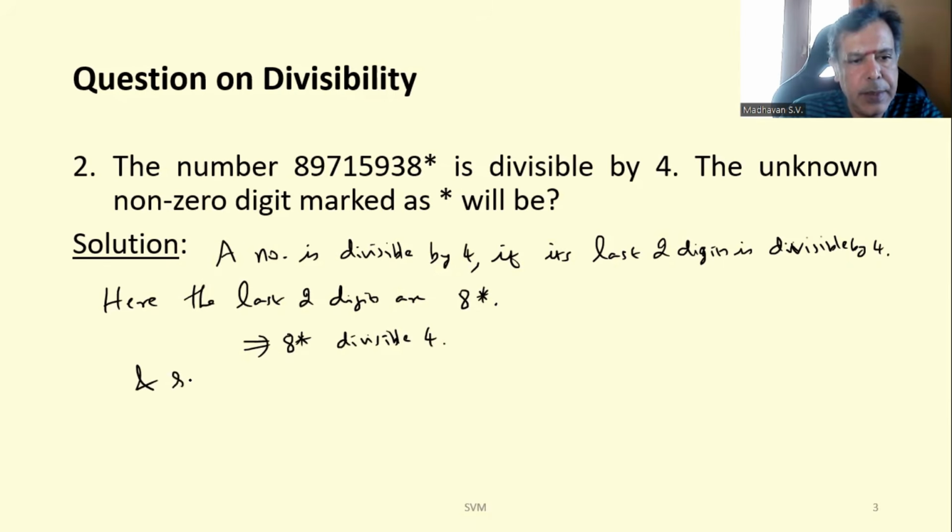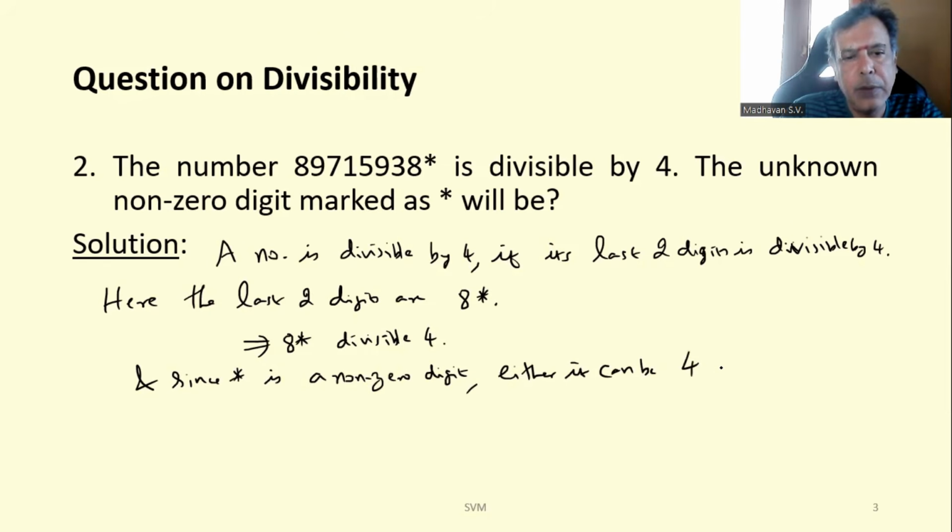And since the star is a non-zero digit, either it can be 4, meaning 84, which will be divisible by 4, or it can be 88, meaning 8.